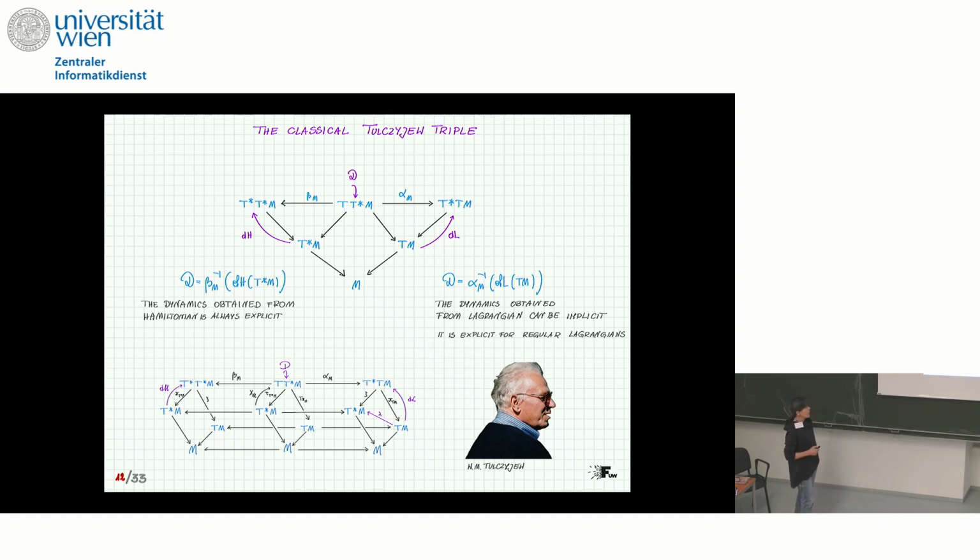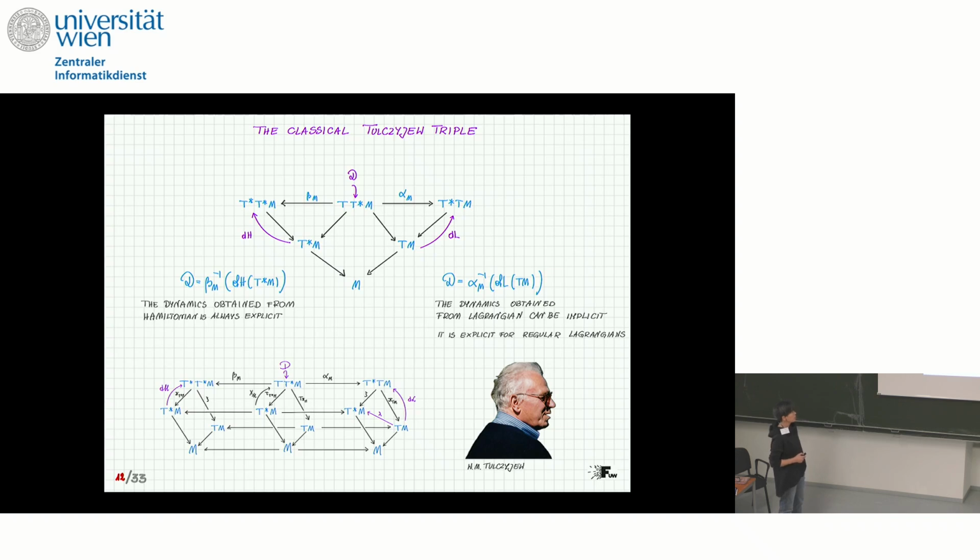If we are given a Hamiltonian, and again, if there are no constraints, we just take the image of the differential of the Hamiltonian and use an appropriate isomorphism. This time, this isomorphism comes from the symplectic structure, and we obtain a subset here.